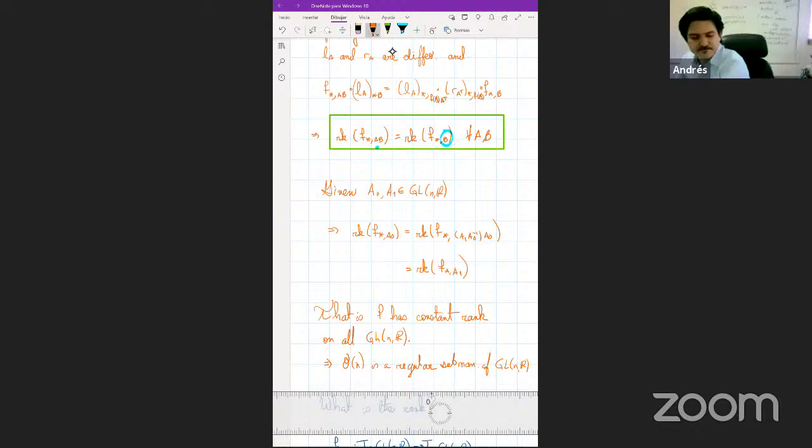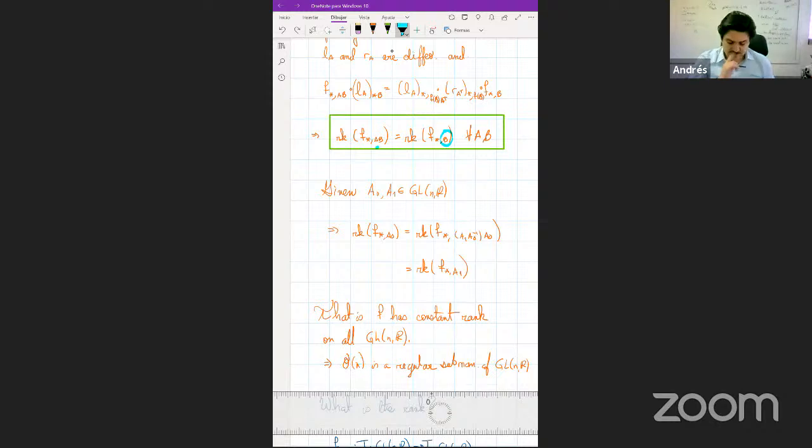No? Okay then. Let me just move this. Well, this is what we saw last time. And now, in order to determine the dimension of O(n), I need to know the rank of the function.